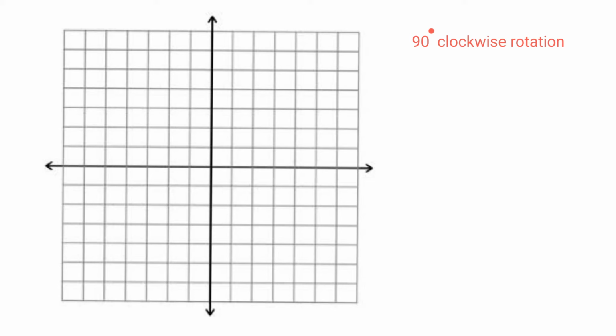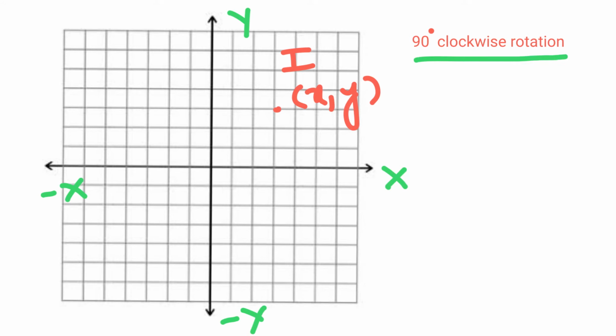Next, I have a 90-degree clockwise rotation. So now, first of all, let's mark the axis. So x, minus x, y and minus y. Second, let's mark the point that we're discussing. So it is x comma y in the first quadrant. The question says 90-degree clockwise rotation, which means clockwise, that is in this direction, that too 90-degree.